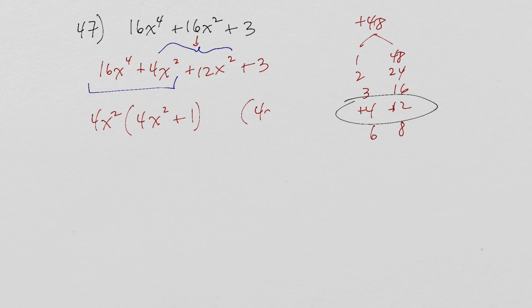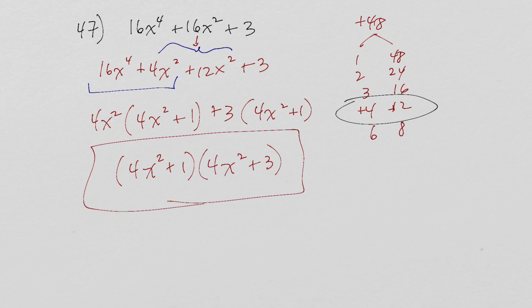So I'm going to leave a 4x squared plus 1 over here again because whatever I leave behind here has to be there. Then I'll think about what goes here so that when I distribute it, I get back to those. It looks like a positive 3. So my final answer is the 4x squared plus 1 term that's in common times my 4x squared plus 3. And that's it.